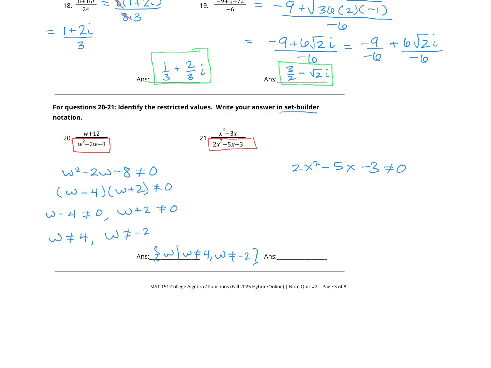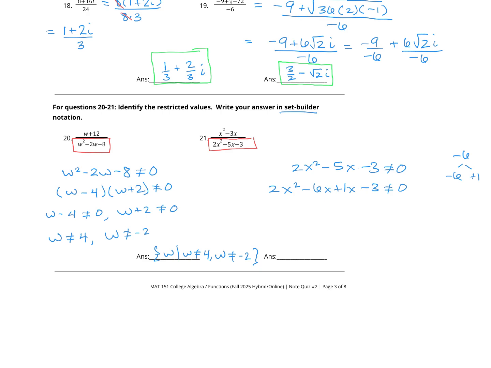So this time around, we'll do the AC method. We'll take the 2 times the negative 3 and get negative 6. And find a pair of numbers that multiply to make negative 6, but add up to make negative 5. They are negative 6 and positive 1. So this is 2x squared minus 6x plus 1x minus 3 is not equal to 0.